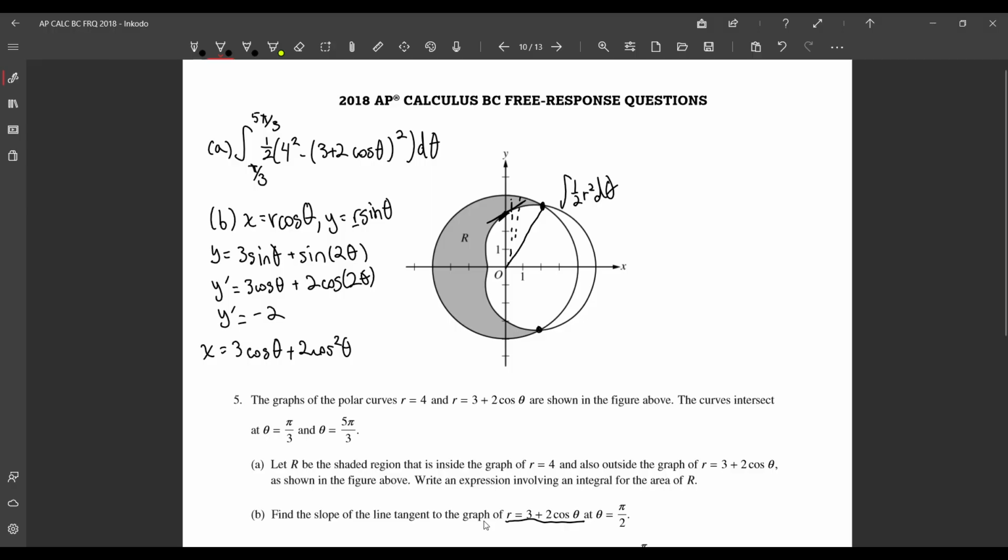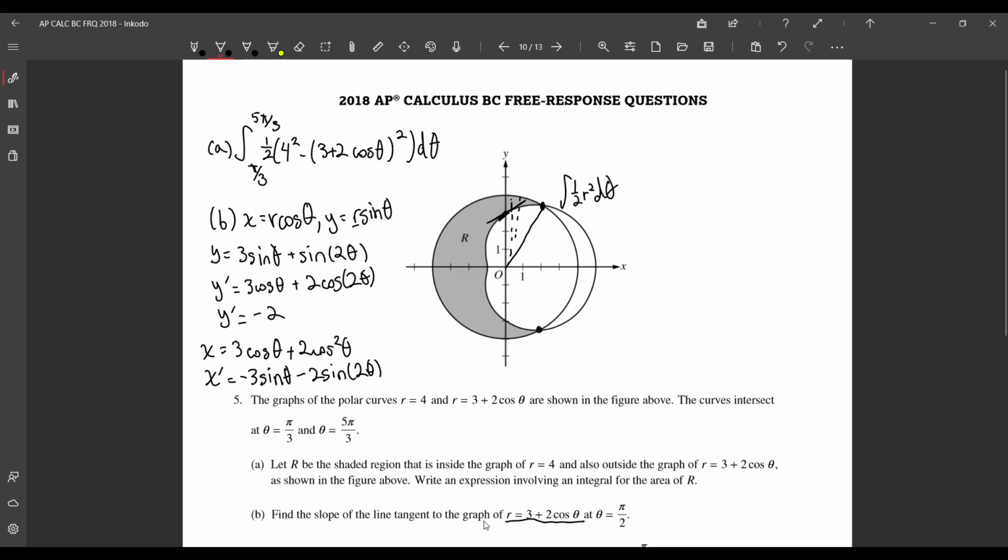Take a derivative, and we get -3 sine theta, -2 sine of 2 theta. Because you drop the 2, but then you're going to have a cosine theta and a sine theta, so that all becomes sine 2 theta. And then the sine theta that comes out of the cosine is actually a minus sine theta.